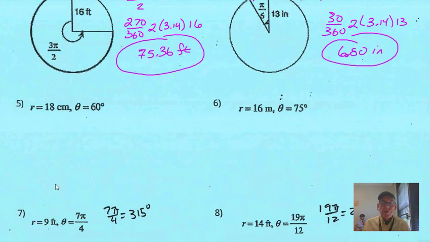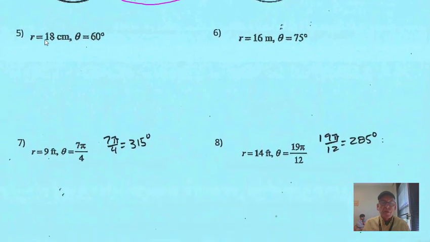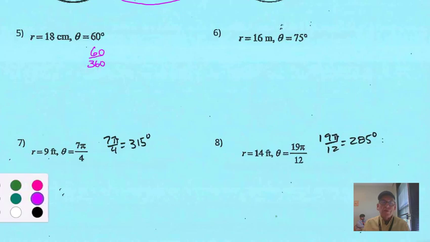Okay, for 5 and 6, they're not giving us the diagram, but they're giving us the central angle and the radius. So central angle is 60 over 360. And we're doing arcs, so we're still using circumference. So we've got 2 times pi times the radius, which is 18.